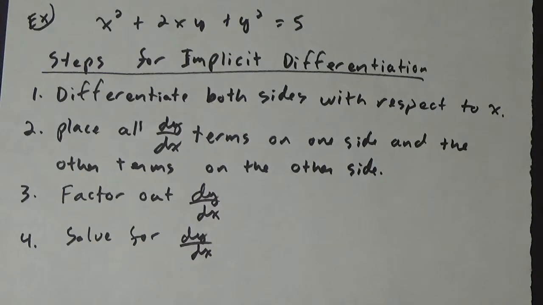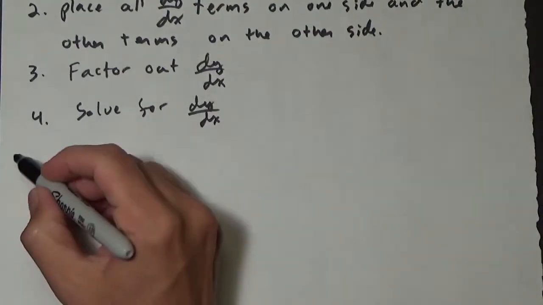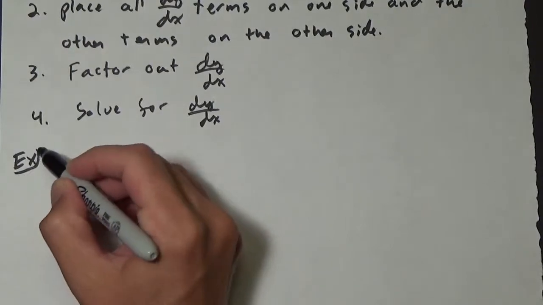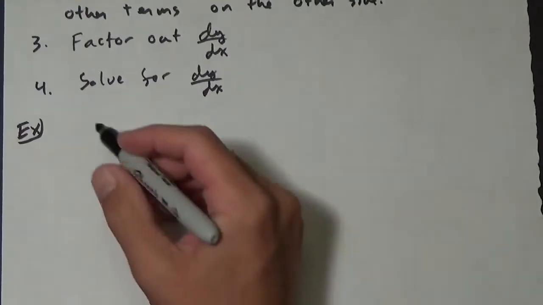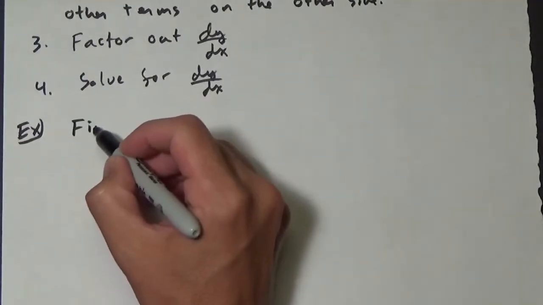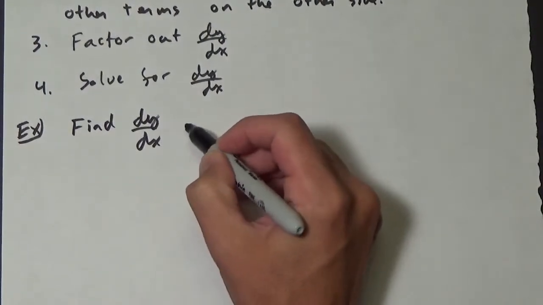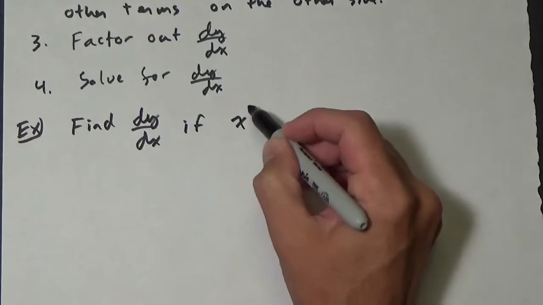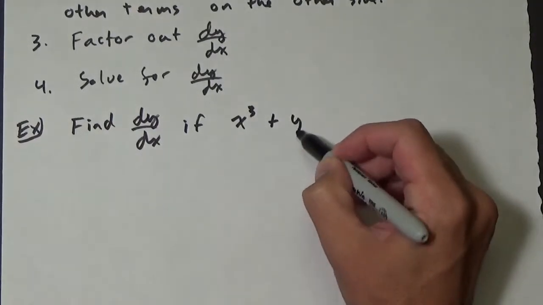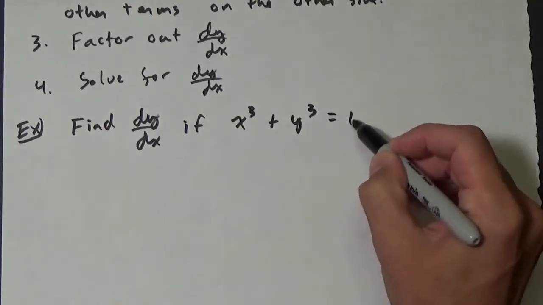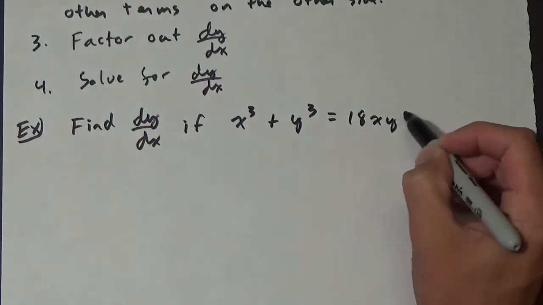So let's go ahead and do an example here. Okay, so we're going to find dy/dx if x cubed plus y cubed equals 18xy.